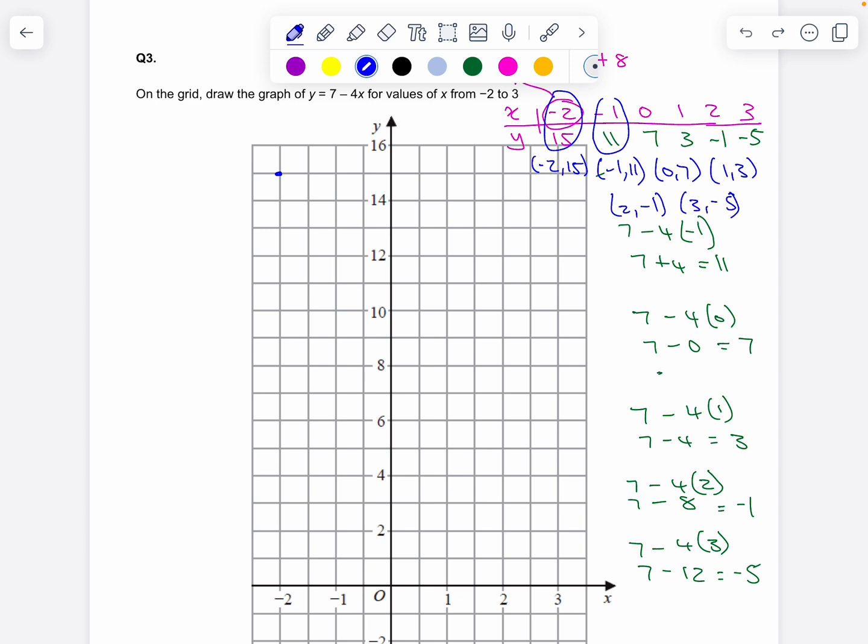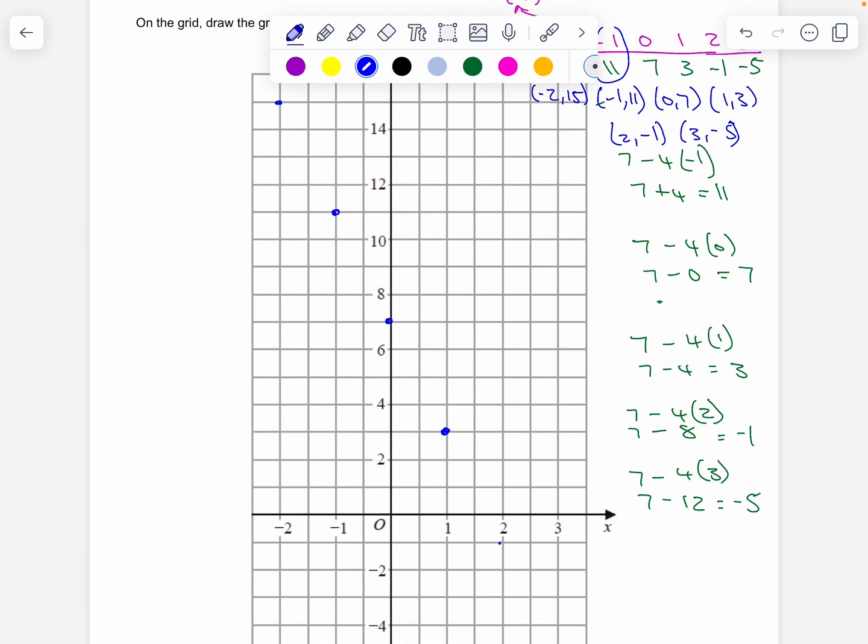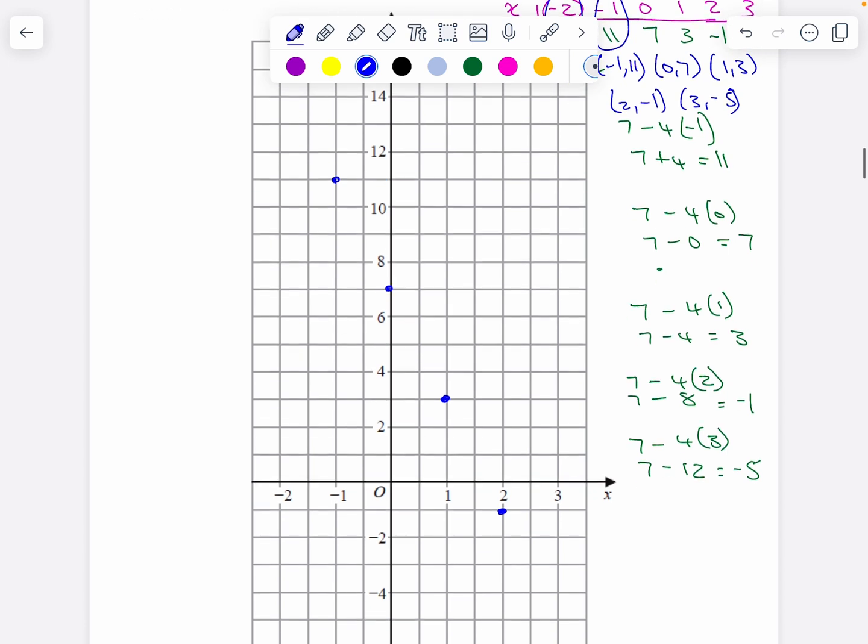Oops, not quite. -1, 11 is here. 0, 7. 1, 3. 2, -1. And 3, -5. So down here.